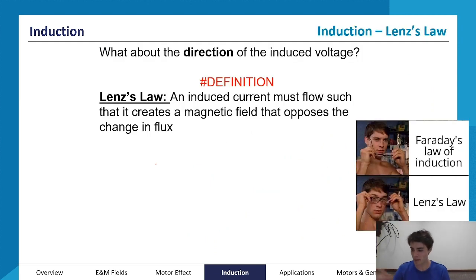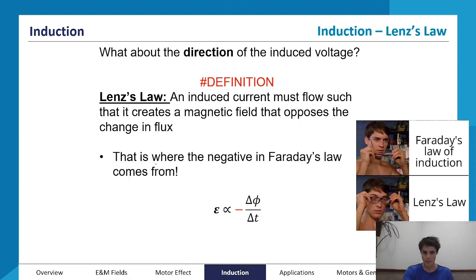So that being said, that brings us to what, in my opinion, is probably the hardest concept of this module and one of the hardest concepts in the entirety of physics, which is my favorite law, my least favorite law, Lenz's law. Lenz's law says an induced current must flow such that it creates a magnetic field that opposes the change in flux.